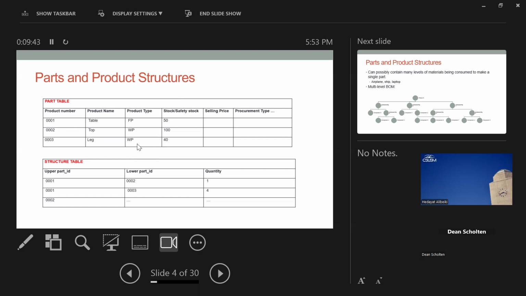These are independent in the sense that their demand is determined by people in the market, by consumers, by customers who are buying these items. So their demand comes from outside. Whereas items with dependent demand are the items whose requirement, the amount that we need from them, is determined by other items, right?